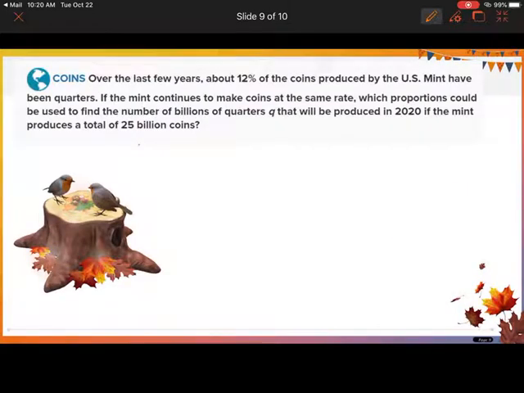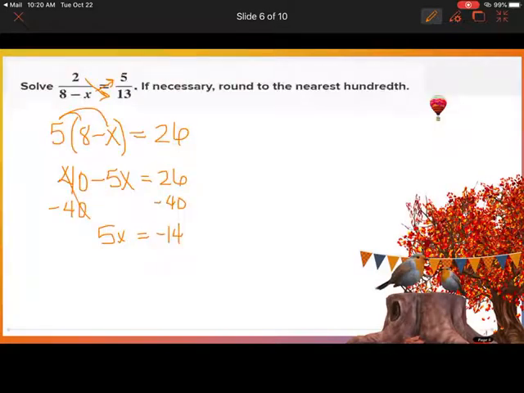So I have negative 5x. Remember, the negative sign that's in front of the 5x stays with it. So I'm going to divide by negative 5. And we're just going to leave that as 14/5 equals x. Remember, a negative divided by a negative is a positive.